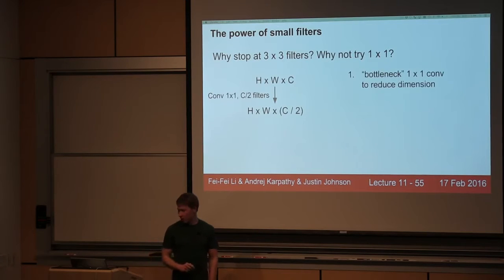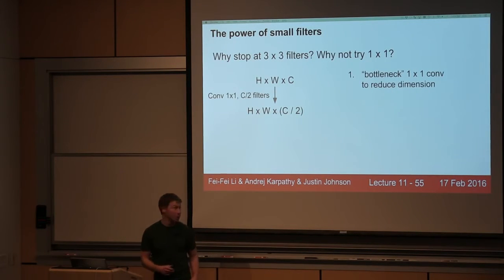So what we're going to do here is compare a single 3x3 convolution versus a slightly fancier architecture called a bottleneck architecture. Again we assume an input of H by W by C. Here we can do a cool trick. We do a single 1x1 convolution with C/2 filters to reduce the dimensionality of the volume.